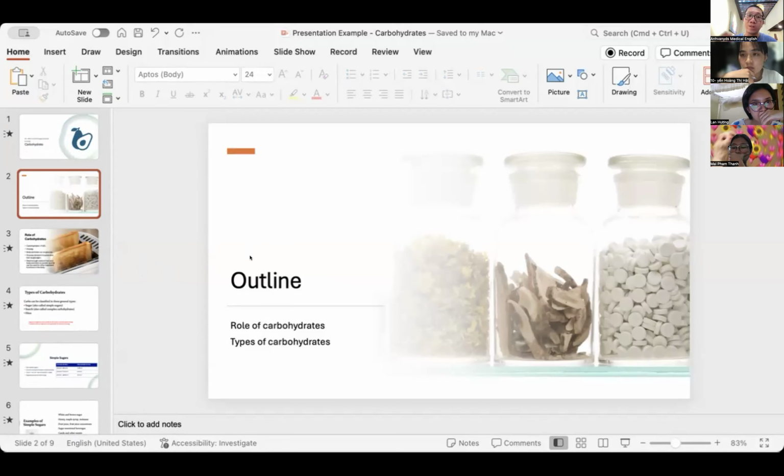I will introduce you to the roles of carbohydrates and some types of carbohydrates. That is a short or brief introduction about the topic.